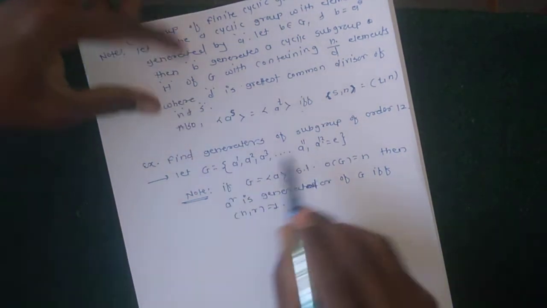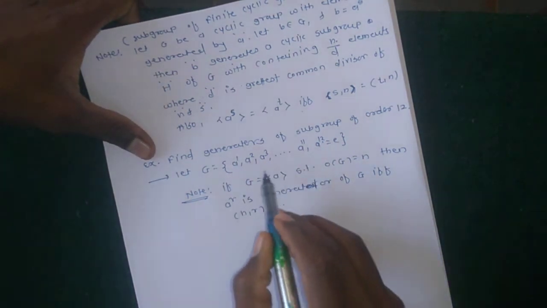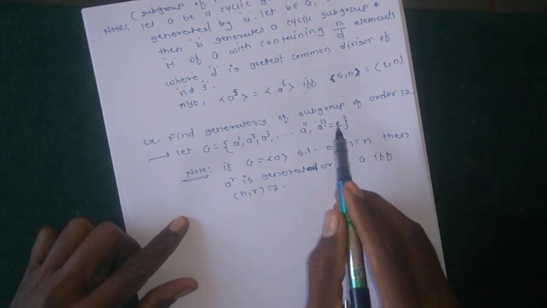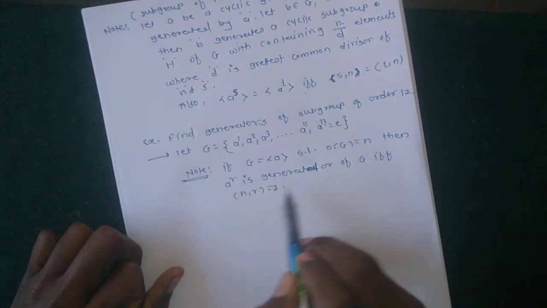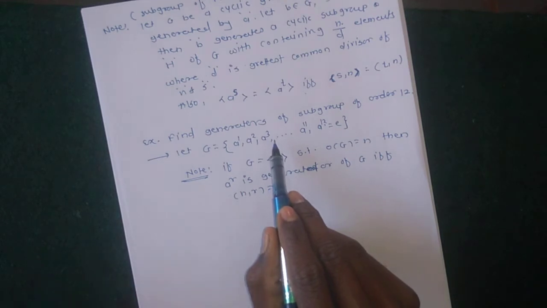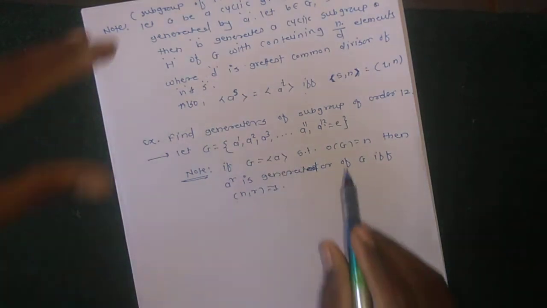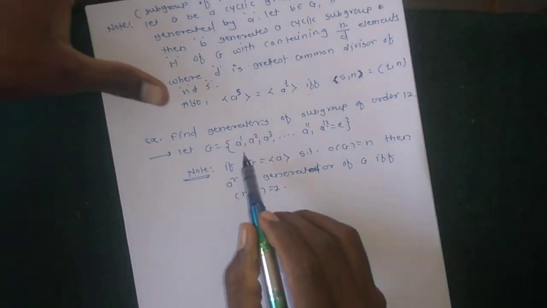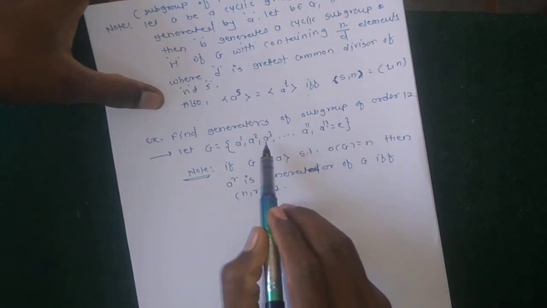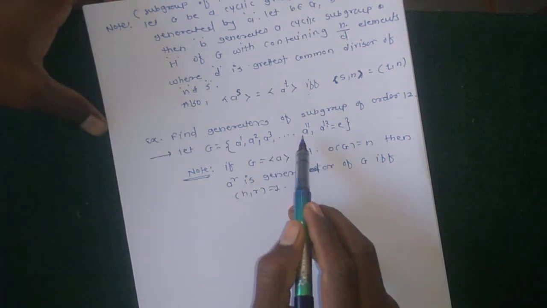Here the order of G is 12, and we want to find the generators of G. Using this note, if the GCD of 12 and a number is 1, then that power of a is a generator of G. Here 1 and 12 have GCD 1, 2 and 12 have GCD 2, which is not equal to 1, 3 and 12 have GCD 3, and 4 and 12 have GCD 4.